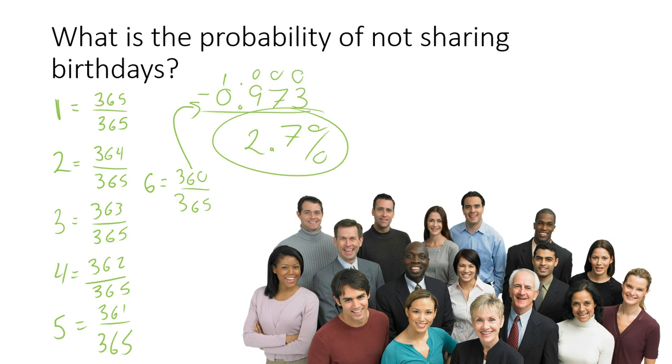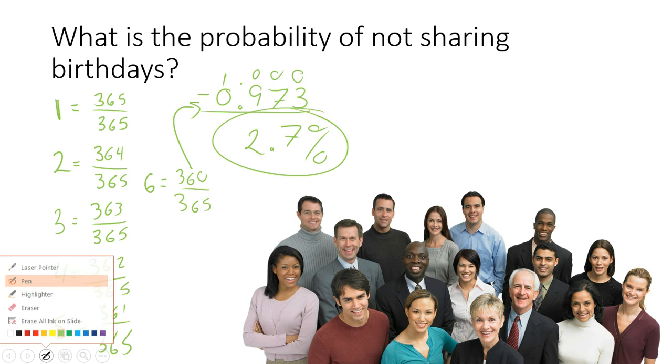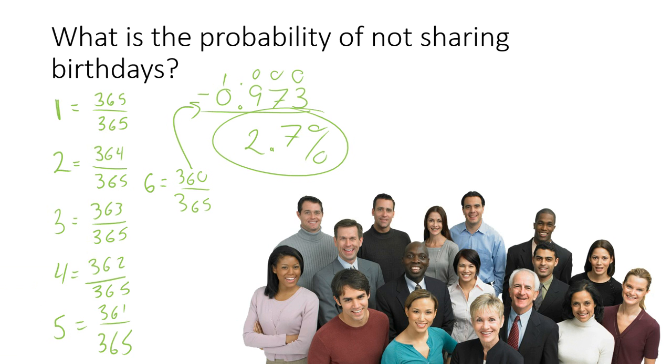If you keep doing it, you'll find that the probability in which two people will share a birthday occurs more than 50% of the time at, drum roll please, 23 people. So if you get 23 people in a room, there is over a 50% chance that 2 of them will share a birthday.